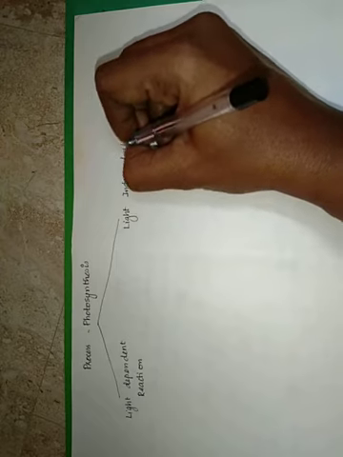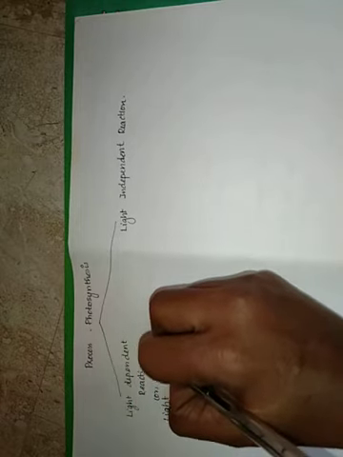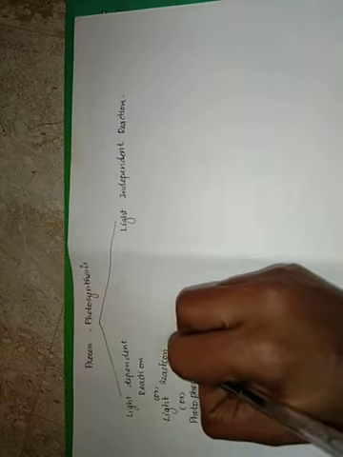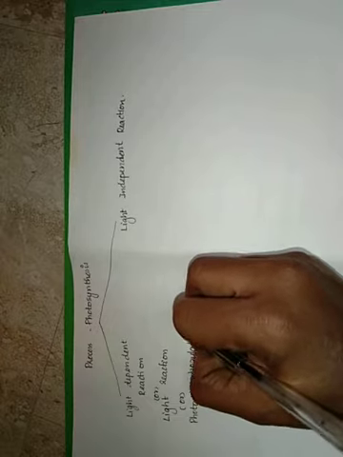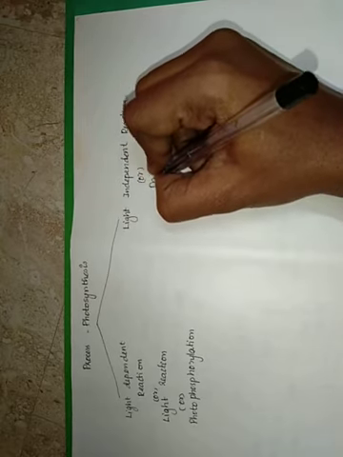So photosynthesis happens in two steps. ஸோ ஒரு photosynthesis process complete ஆகணும்னா ரெண்டு ஸ்டெப்ஸுமே நடக்கணும், light dependent and light independent. Light dependent reaction is simply called as light reaction. It is also called as photophosphorylation. Phosphorylation is for formation of ATP, photo for light, and light independent reaction is also called as dark reaction.